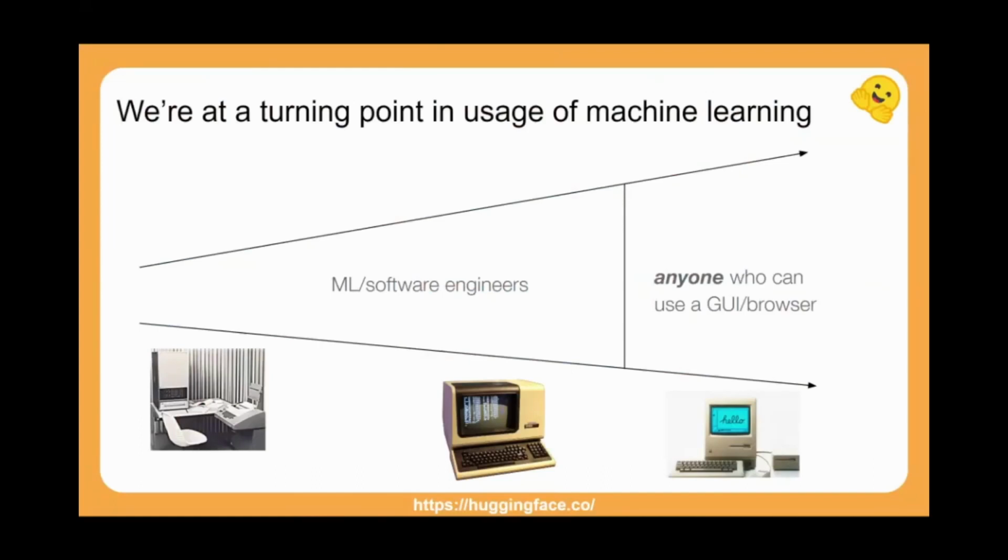What this has led us to understand is that, historically, I think this is the first point where it's not just hackers or engineers that are using machine learning. Really, anyone who can use a GUI or a browser can now access state-of-the-art machine learning, which is very exciting. And so we're hoping that opens up a lot more possibilities, a lot more use cases. Keep in mind that so many people can use their machine learning models, so people build better, more robust models.